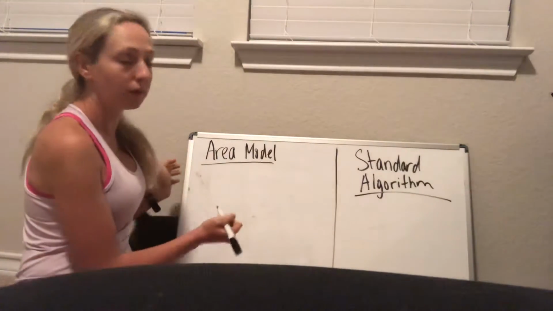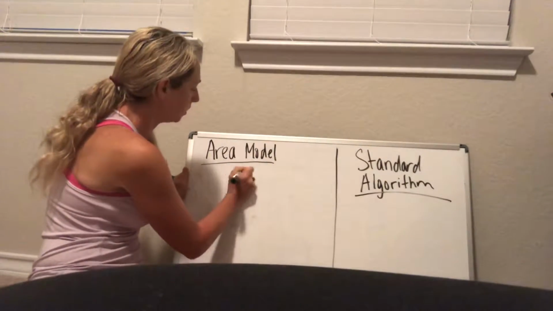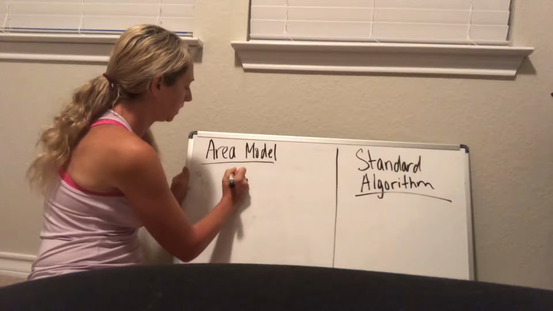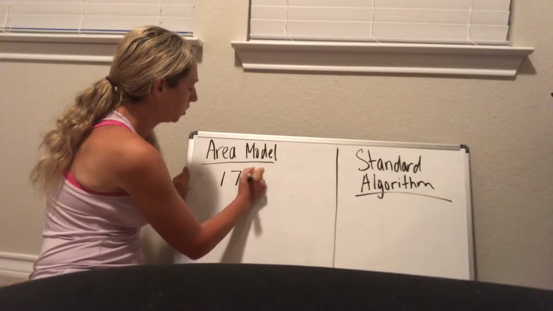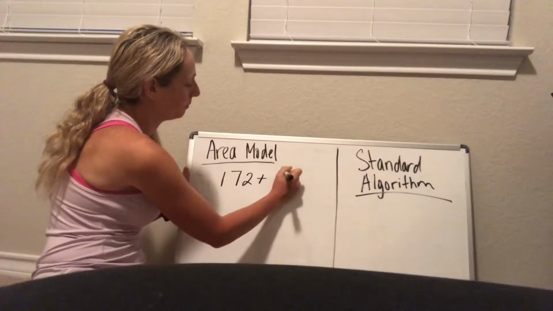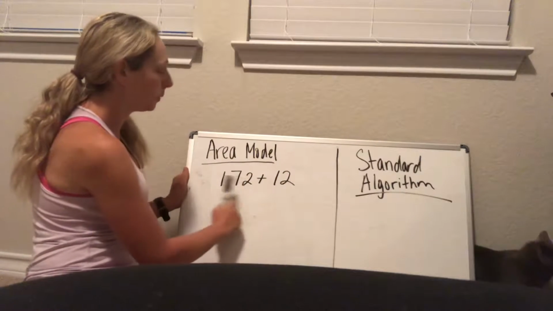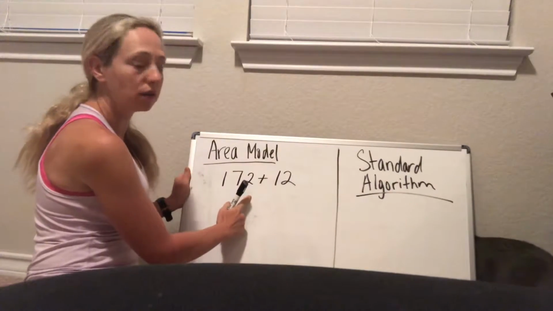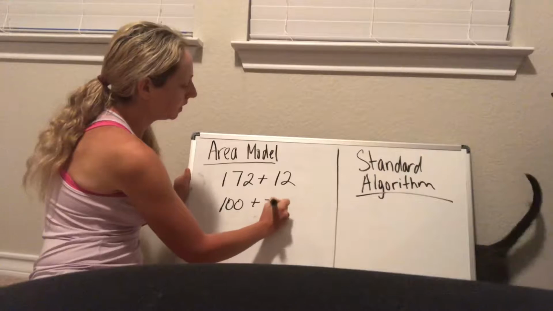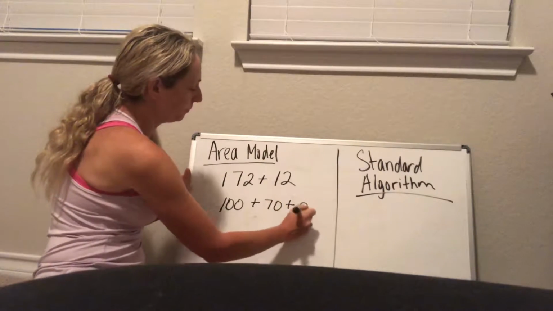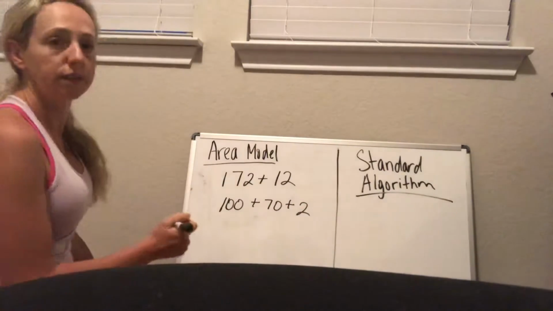So reviewing area model, for example, let's say 172 times 12. I'm going to expand 172 into 100 plus 70 plus 2, and then 12 is 10 plus 2.